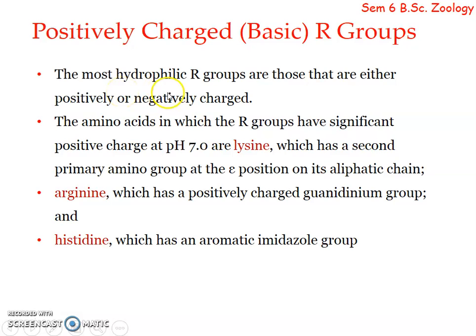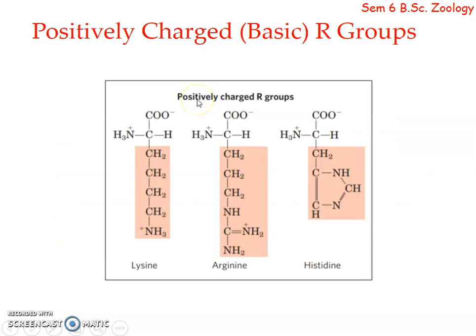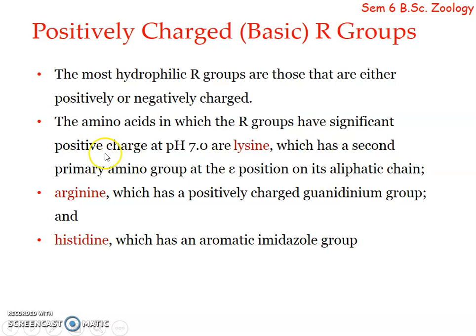The most hydrophilic R groups are those that are either positively charged or negatively charged, and here it is positively charged because of the presence of an additional amino group. Here you can see there is an NH3 plus, these two amino groups over here, and the histidine here. This makes it more basic in nature, and it can also get into hydrophilic interactions. Three examples: lysine, arginine, and histidine.